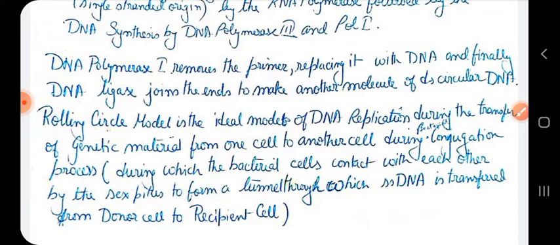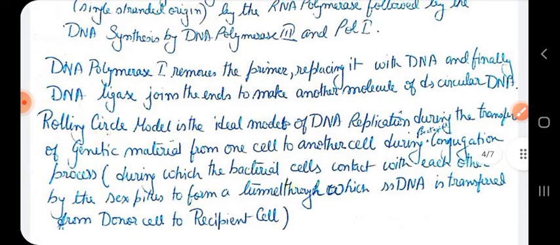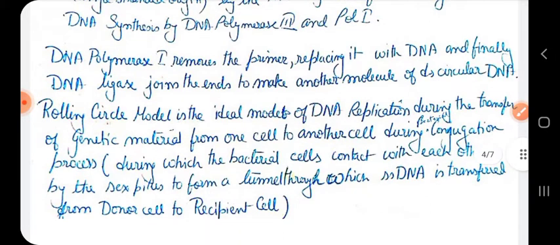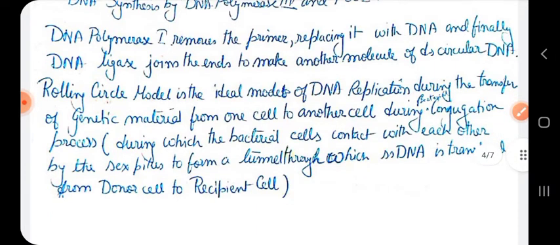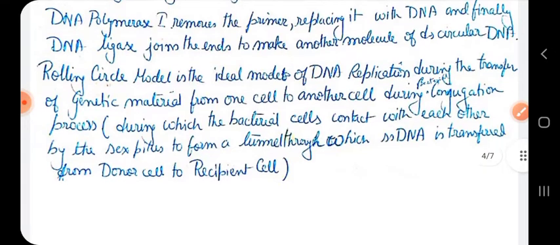Okay, now this type of replication is done by plasmids, by bacteriophages, and by RNA containing virions. The rolling circle model is also an ideal model for DNA replication during the transfer of genetic material from one cell to another cell during bacterial conjugation.